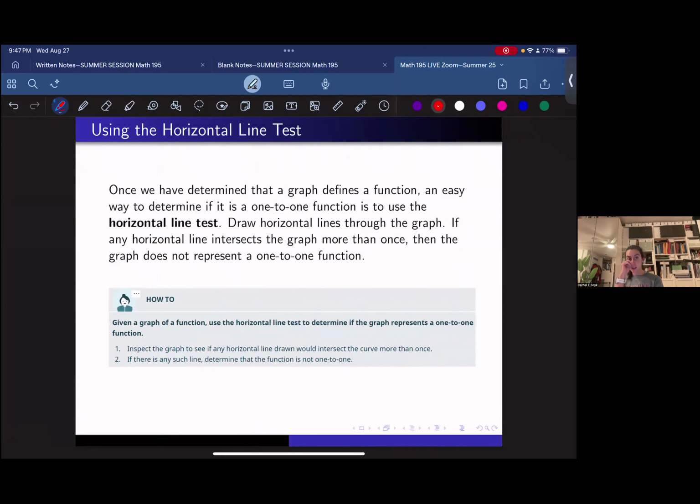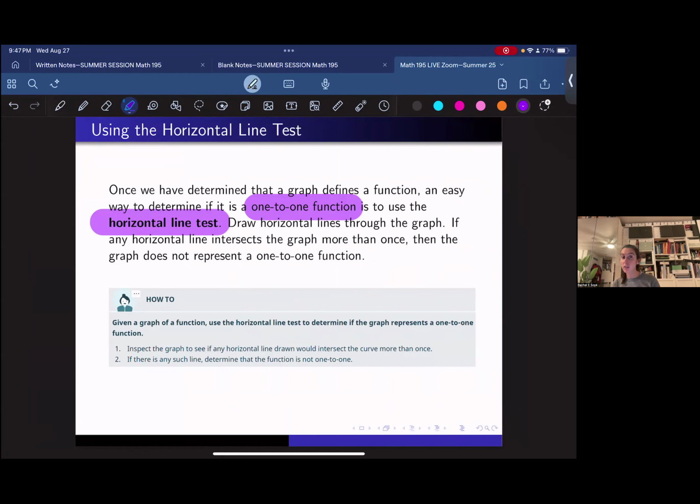Horizontal line tests determine if we have our special functions, our one-to-one functions. So I just don't want to repeat colors. We'll use purple here. And so you have to keep in mind one-to-one function includes the knowledge that we also have a function at hand.